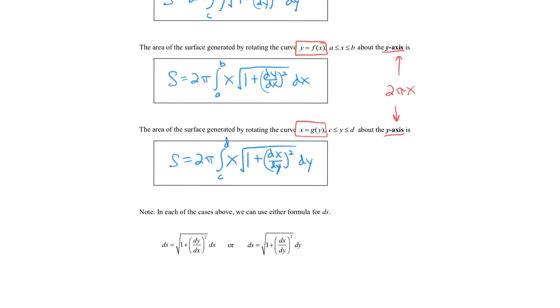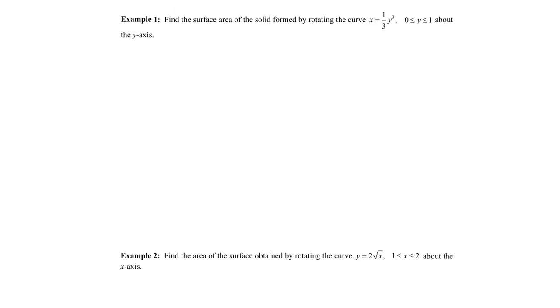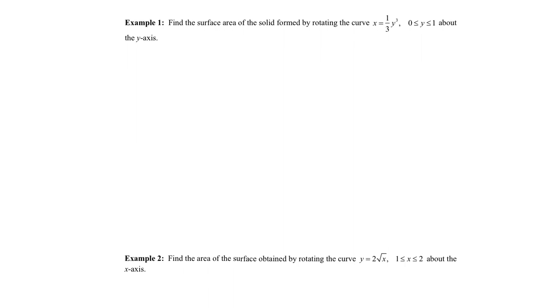And now that you've seen the formulas, I know you are waiting so anxiously to try one out. So let's not keep you waiting. Let's try one of these out. Example 1 says, find the surface area of the solid formed by rotating this particular curve, x equals 1/3 y cubed, where y is between 0 and 1, about the y-axis.